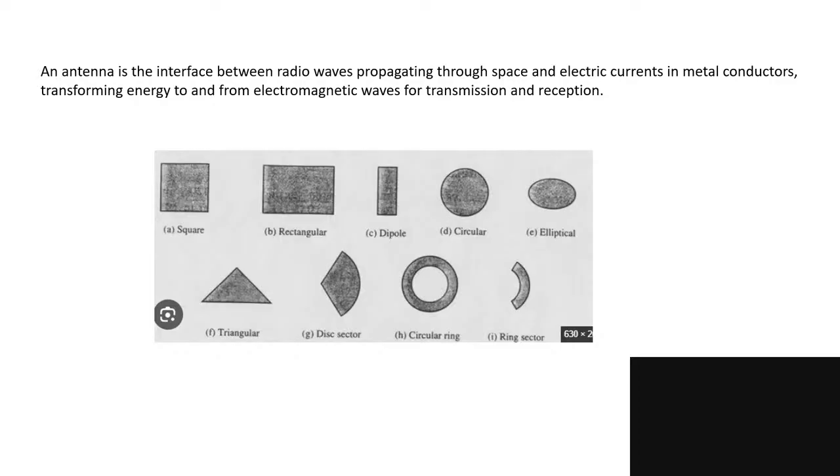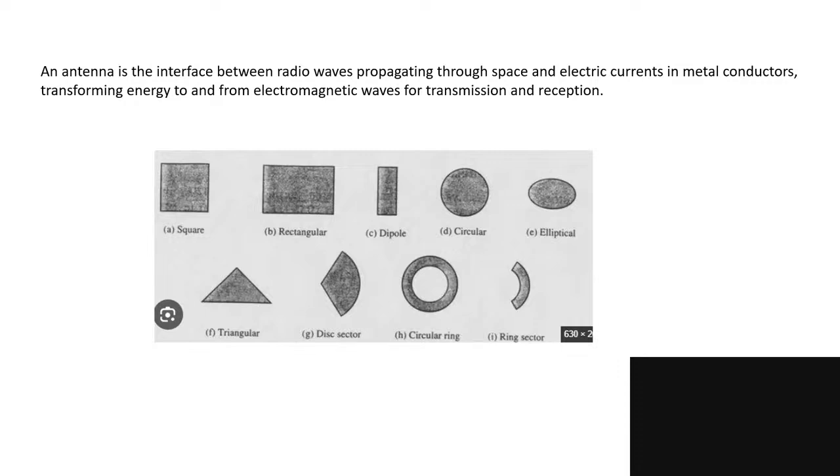Today I am going to give you a short introduction to antennas and their basic types. The antenna is a device that acts as an interface between electromagnetic waves traveling through space and electrical current in a metal conductor. In simple words, the antenna converts electrical energy into electromagnetic waves for transmission and converts electromagnetic waves back into electrical signals during reception.